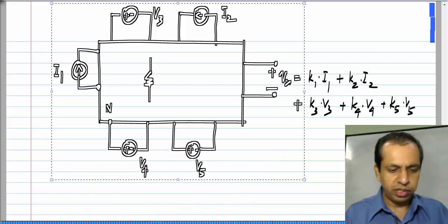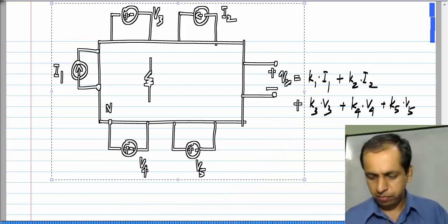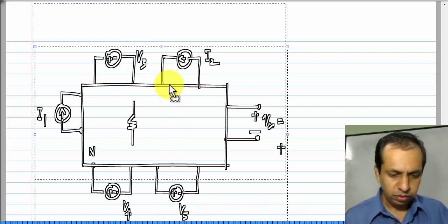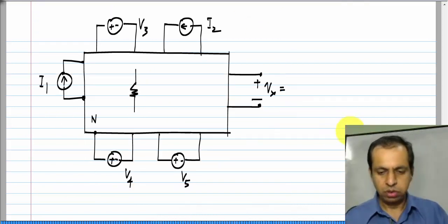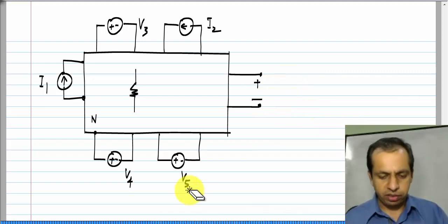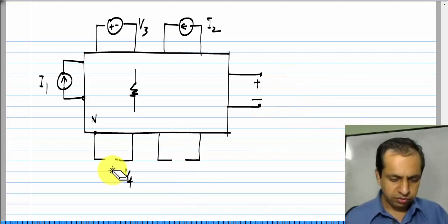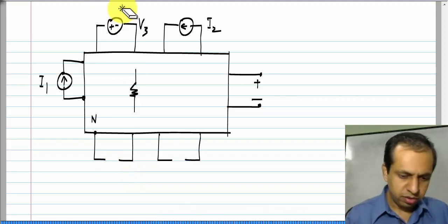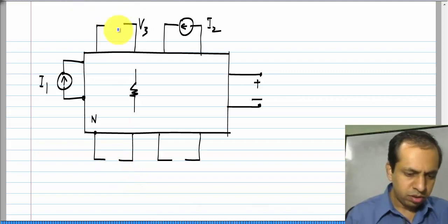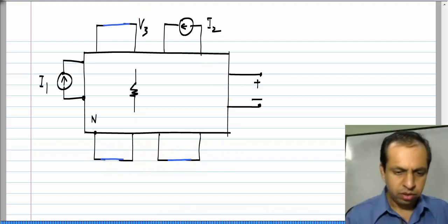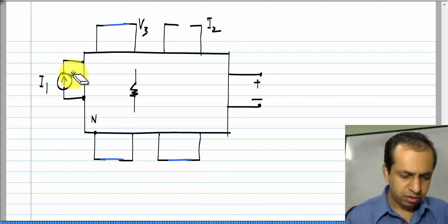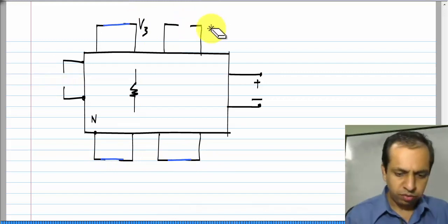Now, how do we use reciprocity in a situation like this? What we do is we deactivate all these sources, that is, we short circuit all the voltage sources and we open circuit all of the current sources.